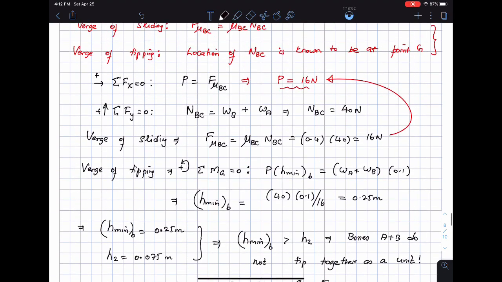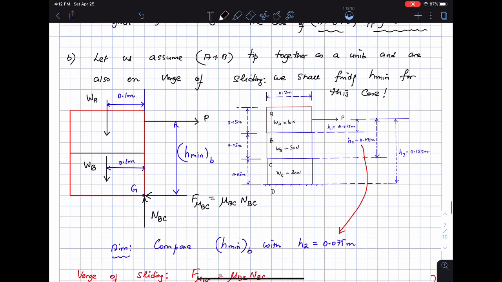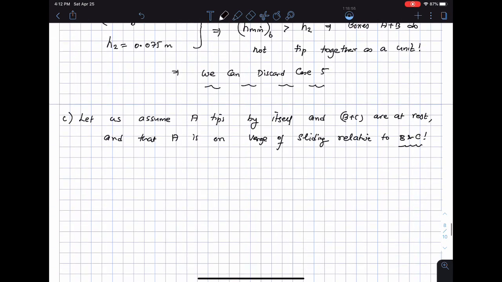I have to figure out if this case can be discarded or not. We shall find the minimum height for this case as well, so we shall find minimum C for this case.